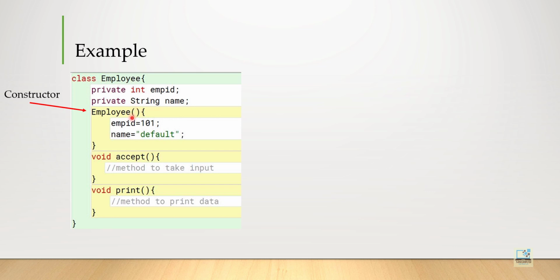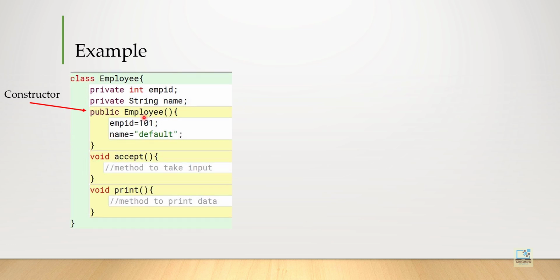We will be discussing that in a later slide. In this constructor we have initialized the employee ID with 101 and the name with default, and there are two methods. So as soon as the object is created, the constructor will be invoked.